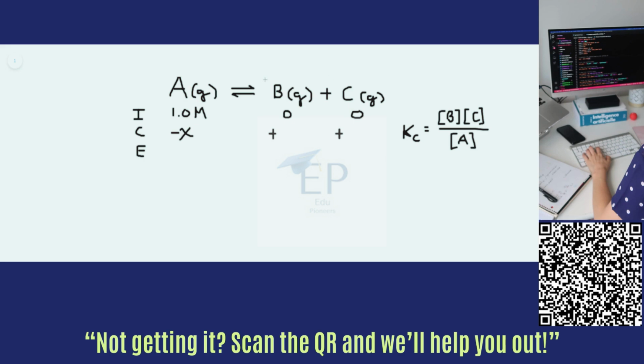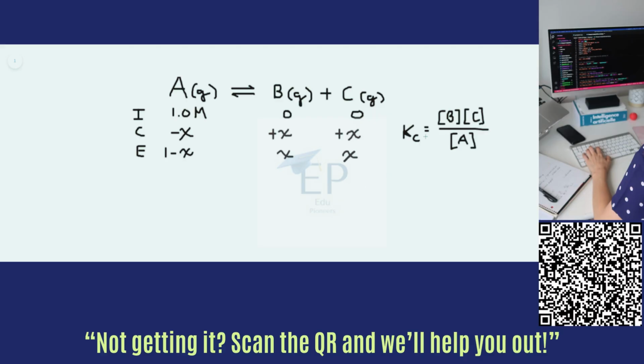There is no term in front of these values, so it's a 1-to-1-to-1 ratio of A to B to C. So if this is negative x, this is positive x, and this is positive x. And then equilibrium is the difference between the initial and the change, so that'd be 1 minus x, and then 0 plus x is x, 0 plus x is x.